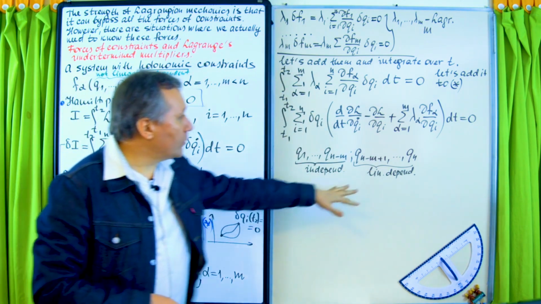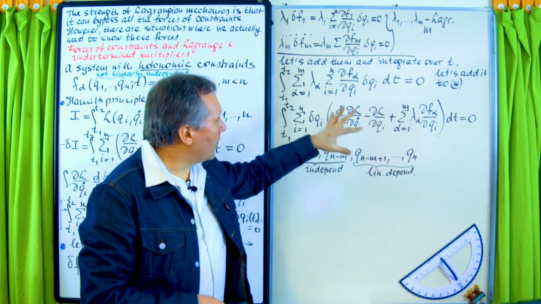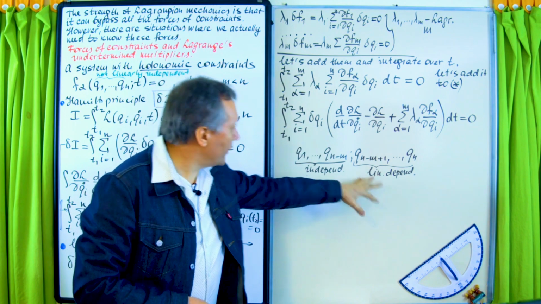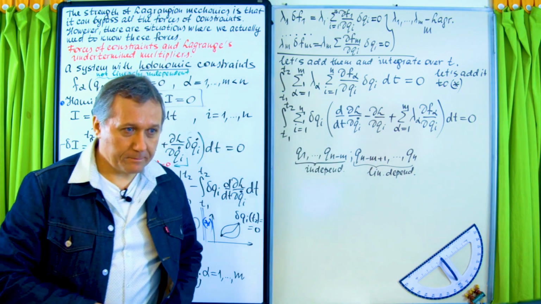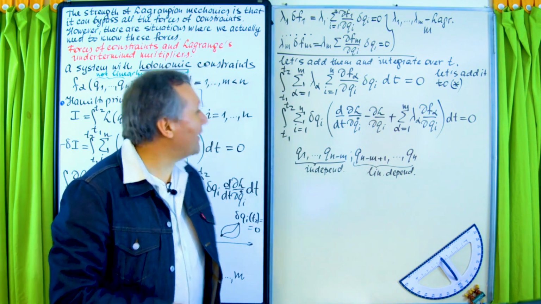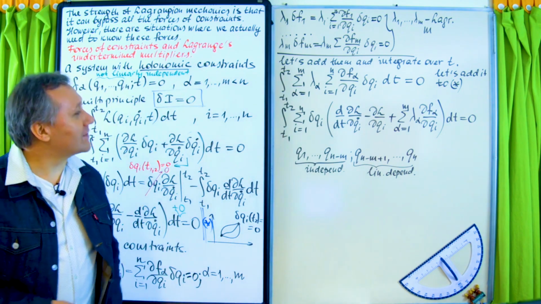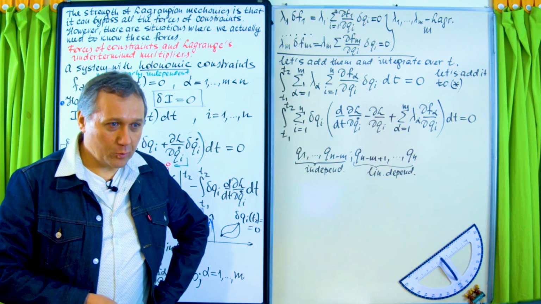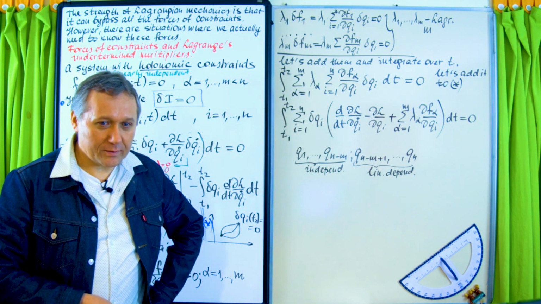So how can we get rid of terms next to variations of these coordinates? Of course, we need some killing tools, right, to get rid of these bad guys, these linearly dependent coordinates.